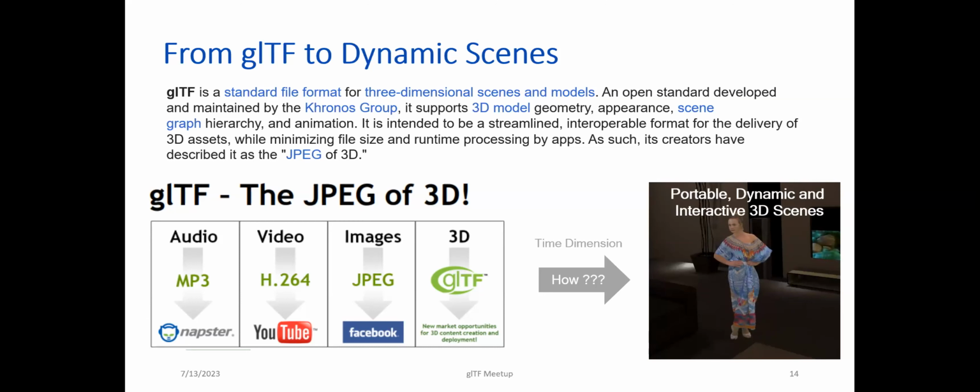So, it's considered as this JPEG of 3D that's referred to here. So now the question was for us, can we use glTF and basically extend it in a way to address integration of real-time media, of aspects that you had seen before, dynamic point clouds, dynamic meshes, but also 2D content, and so on and so on.